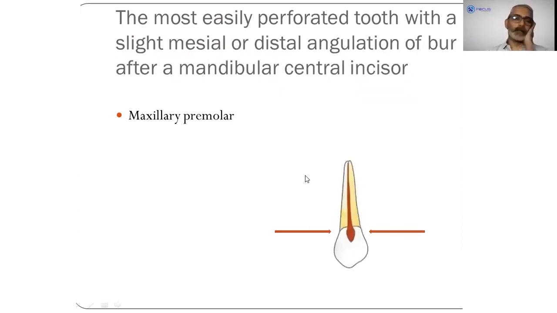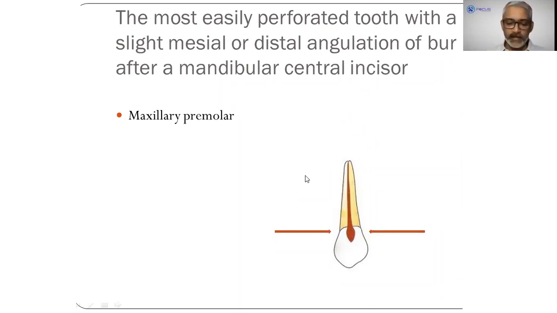And yeah, mandibular anteriors, since they are very thin teeth, if you go with mesial or distal angulation with your bur, it is definitely going to get perforated because the tooth itself is very small. After that, the next tooth which is affected by this is your maxillary premolar. Why?